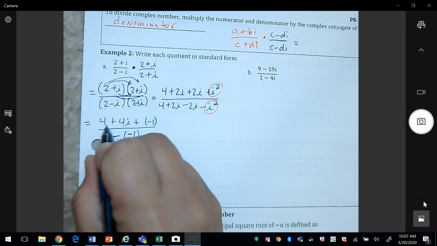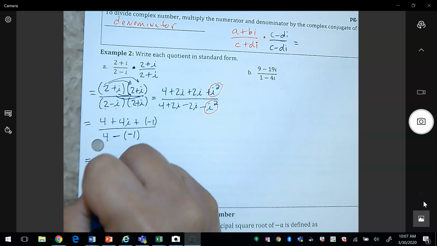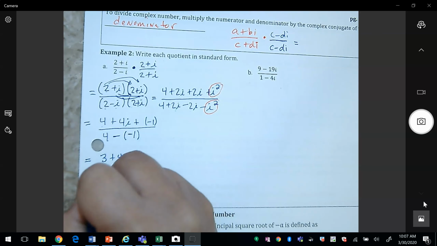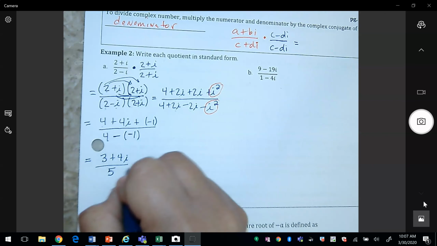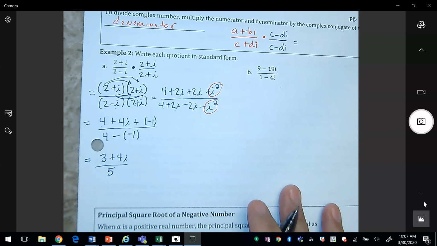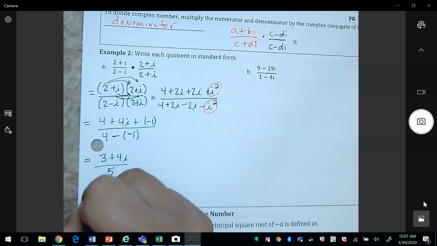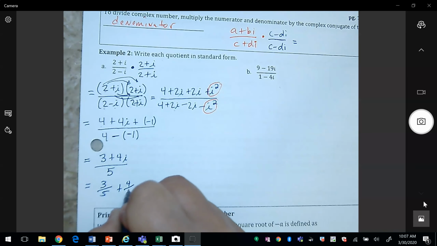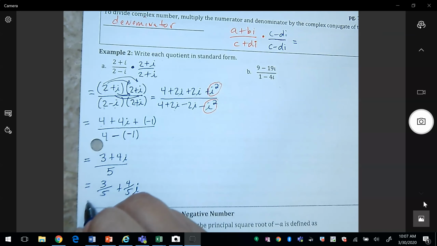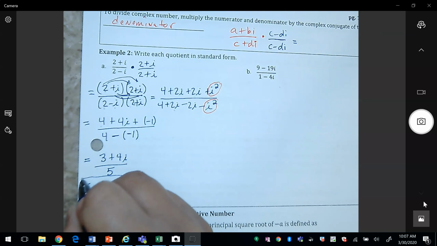So we would have in the numerator 4 minus 1 would be 3, and 4 minus a -1 would be 5. So we can write this in standard form. We would have 3/5 plus 4/5 i, and this would be our result.